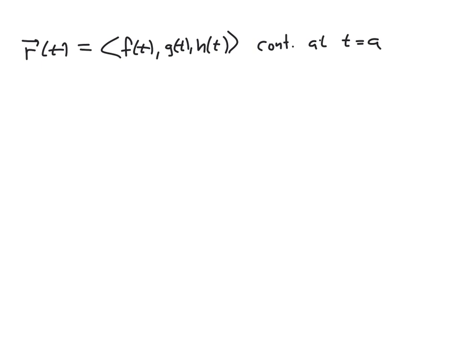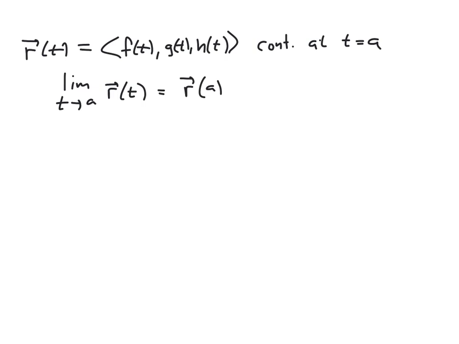Right? So if this is the case, then this means that the limit as t approaches a of r of t is equal to r of a. That's our definition of continuity.